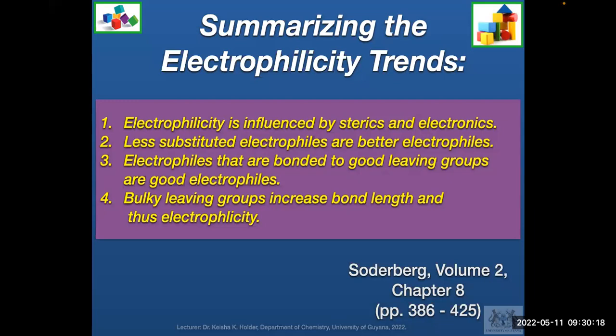So what you will find going forward is that reactions will always be presenting a display of steric parameters and electronic parameters.